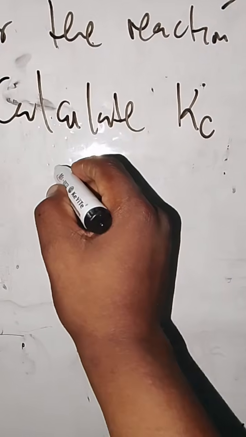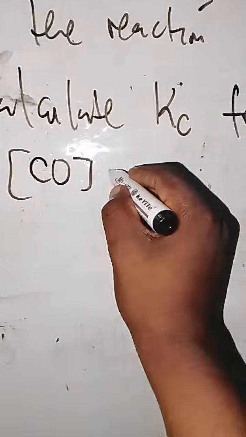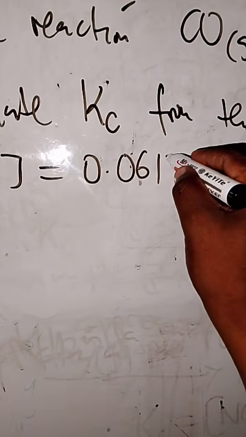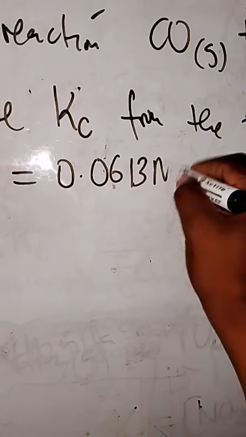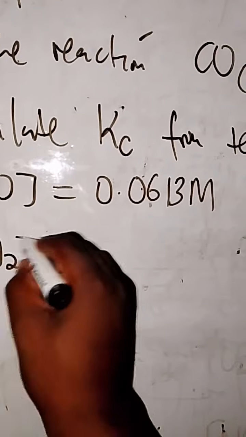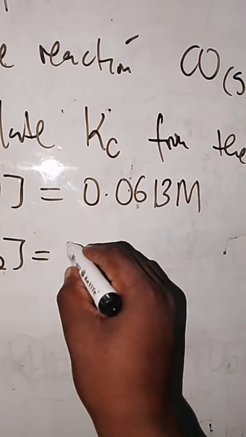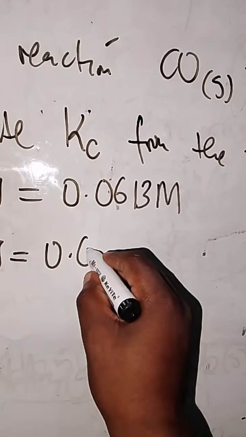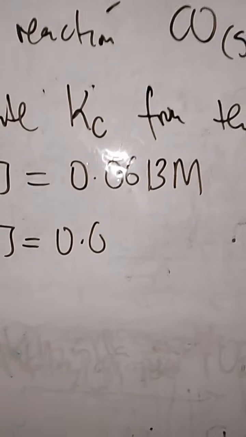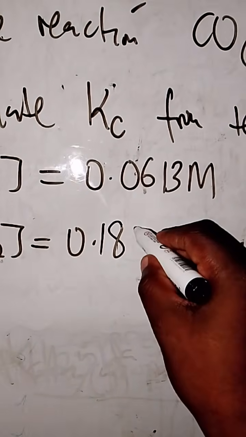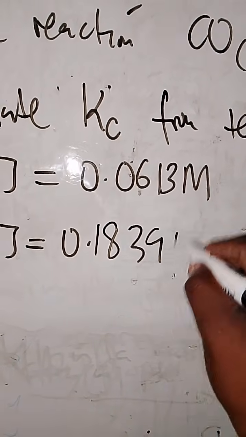The concentration of carbon monoxide is equal to 0.0613 molar. Then the concentration of hydrogen is equal to 0.1839 molar.